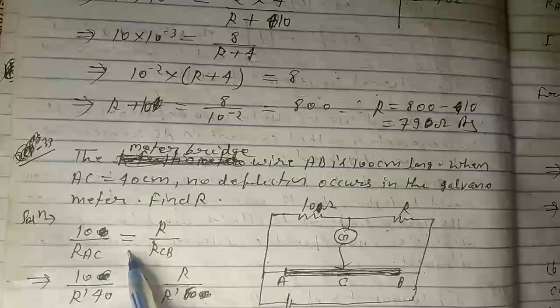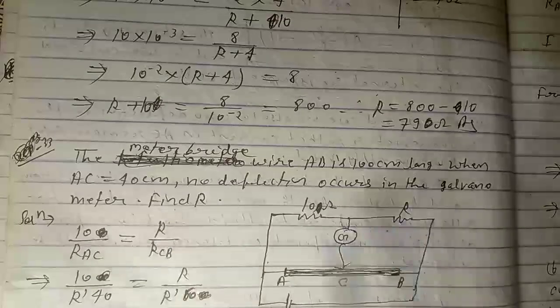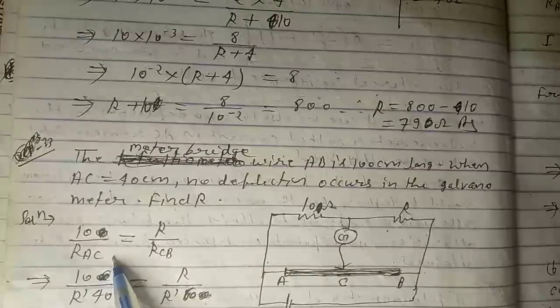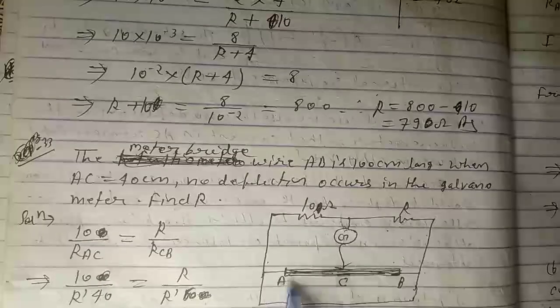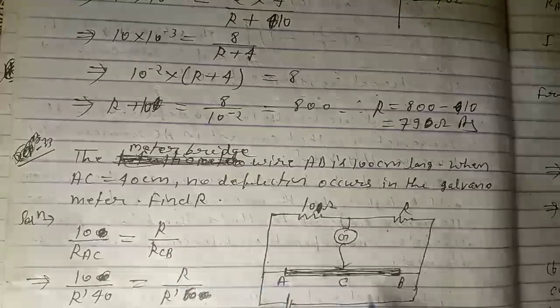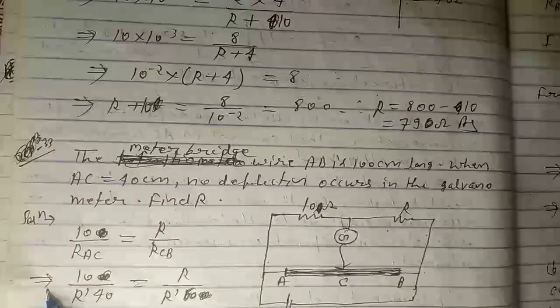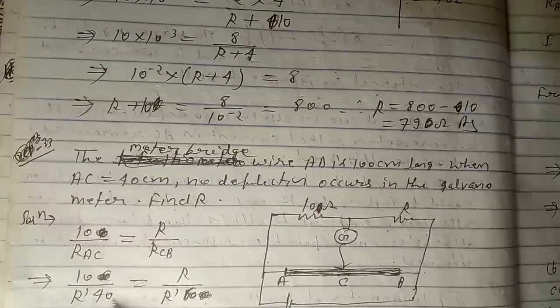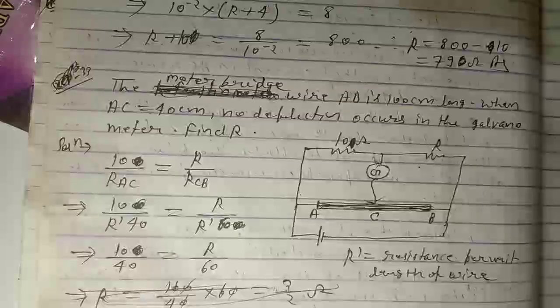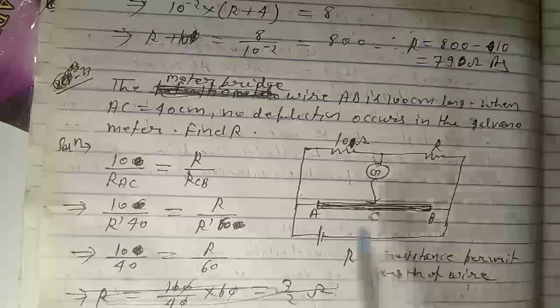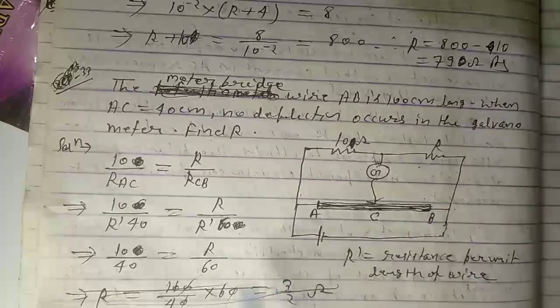So 10 by R_AC equals R by R_CB, where R_AC represents the resistance of length AC and R_CB represents the resistance of length CB. This implies 10 by R' into 40 equals R by R' into 60, where R' is the resistance per unit length, 40 is the length of AC, and 60 is the length of CB.